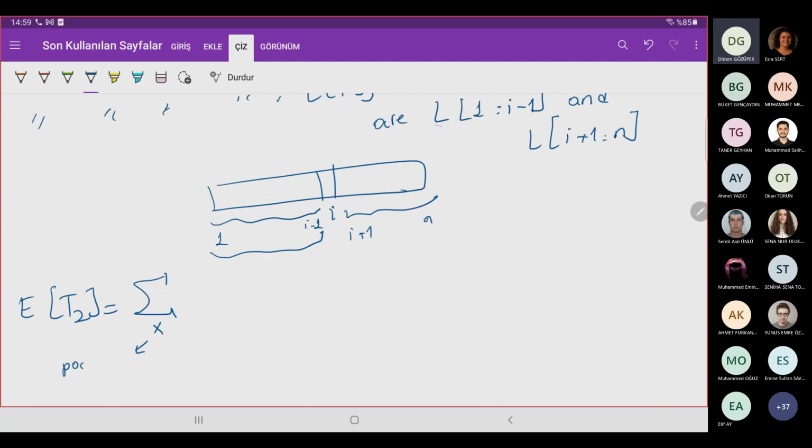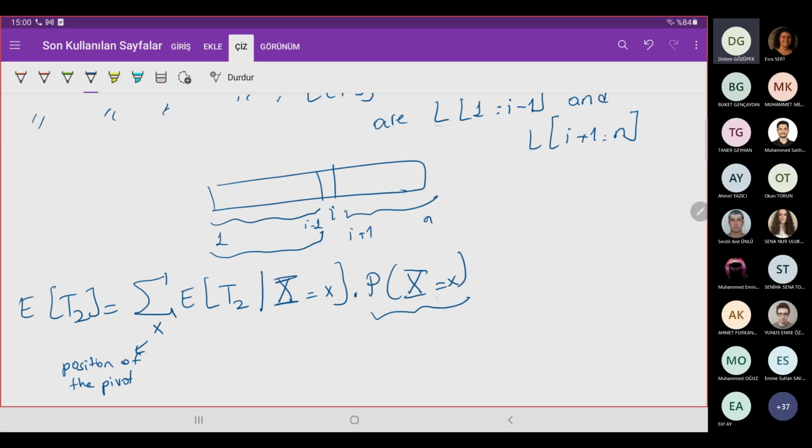Expected value of T2, given that big X is equal to x. Big X is a random variable that refers to the proper position of the pivot element, times the probability that X is equal to x.